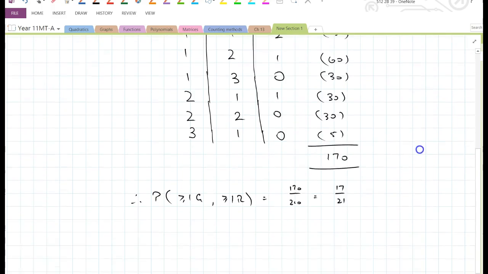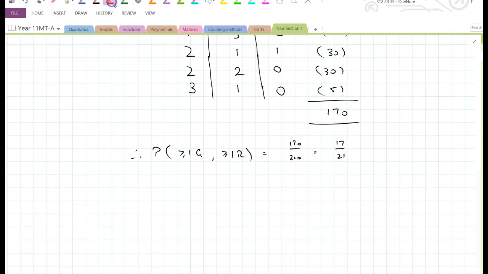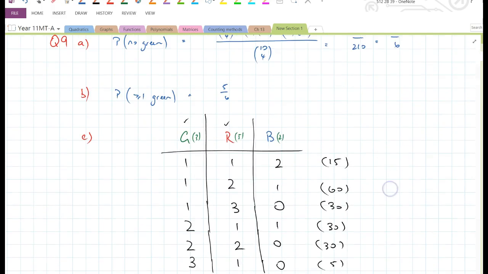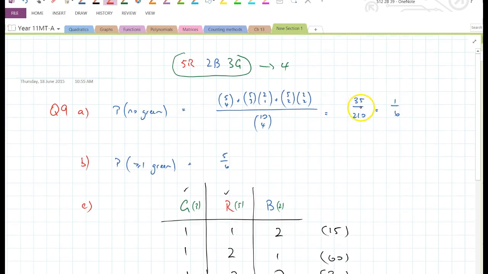Okay, now if we go to part D then, what we're asked in part D is the probability of at least 1 red bubblegum given that there is at least 1 green bubblegum. So we need to change our sample space. Our sample space has changed because we now know there's at least 1 green bubblegum. In part A we worked out how many outcomes had no green in them, and that was 35.